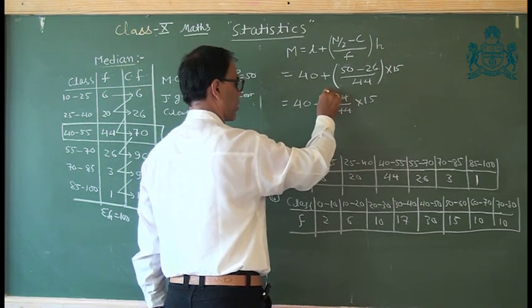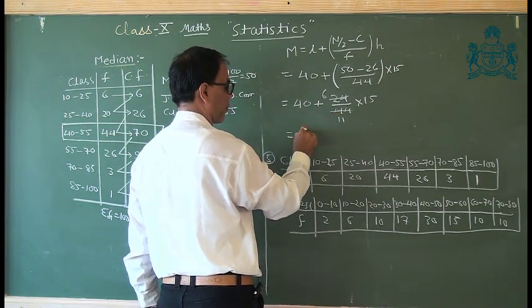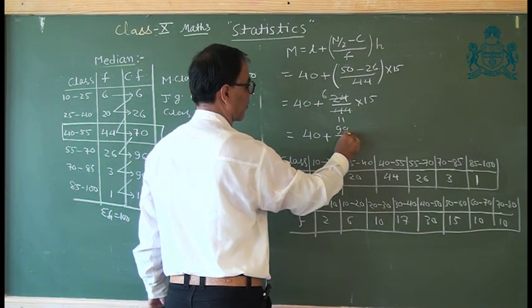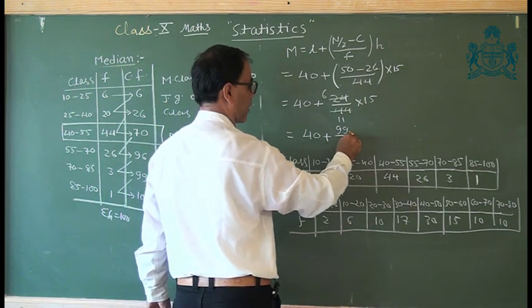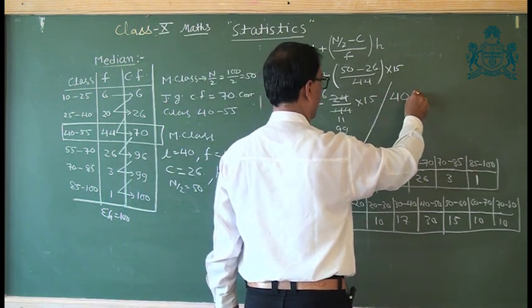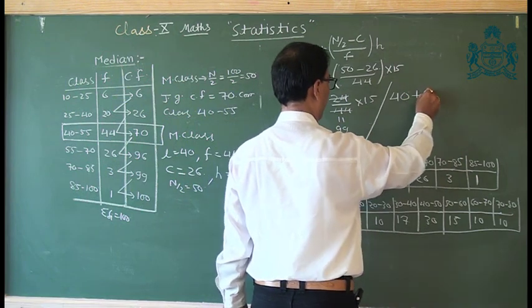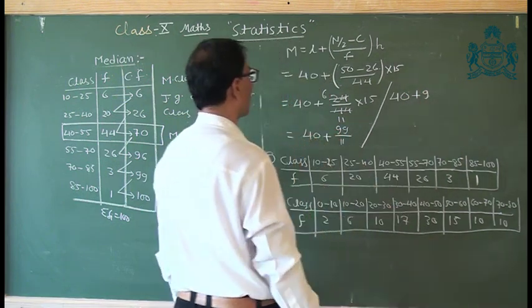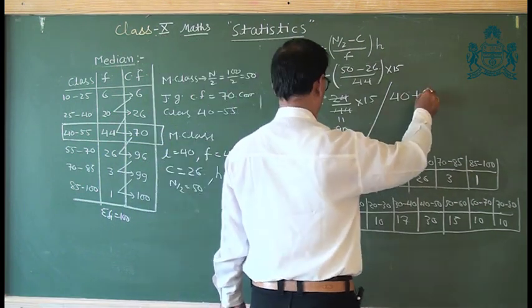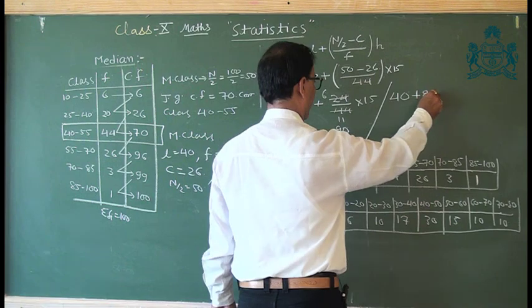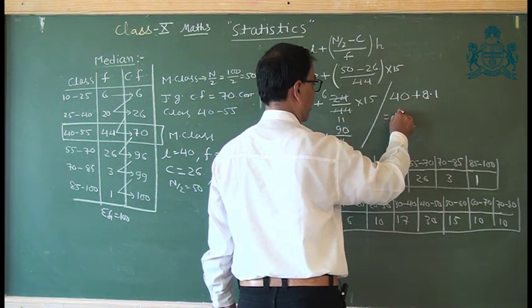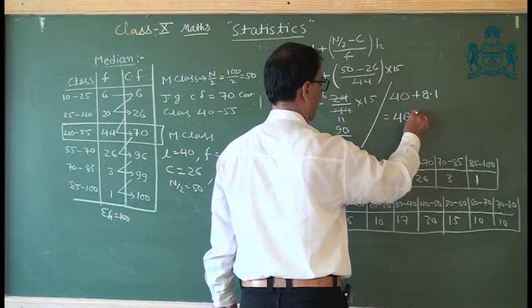Cancel 4, 6 times and 11 times. 40 plus 90 upon 11. Dividing gives 8 point 1. Therefore 48.1 is the median.